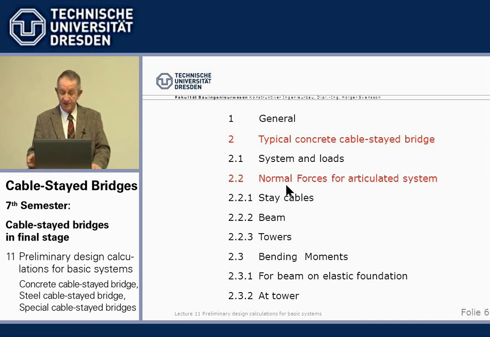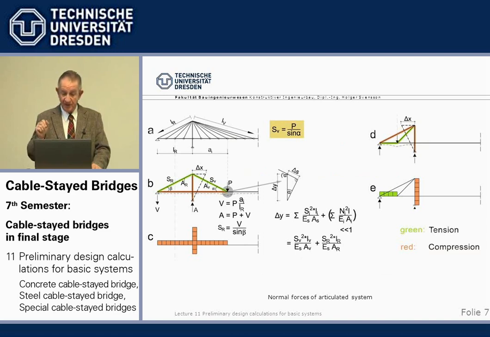So, now we have the system, section properties, and loads, and now we look into the calculation of the normal forces. For the calculation of normal forces, meaning cable forces, normal forces in the beam, and normal forces in the tower, we use a system which has basically the same deformations as the true system, which means we use hinges in the beam where the cables are connected to the beam.